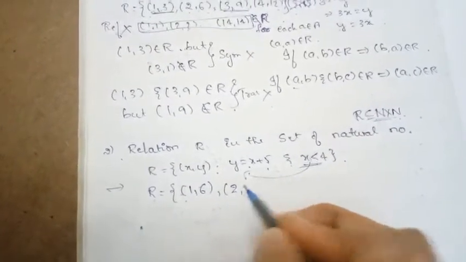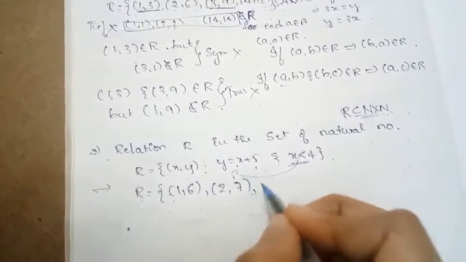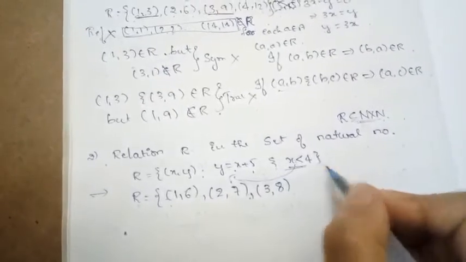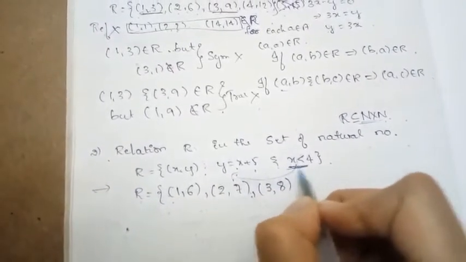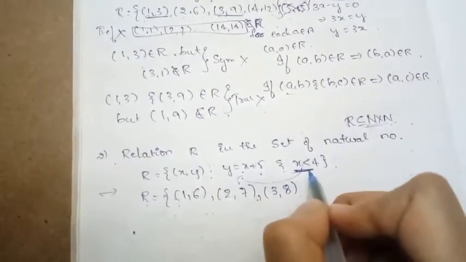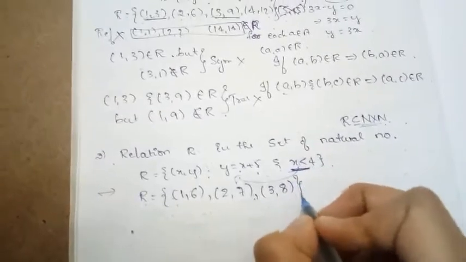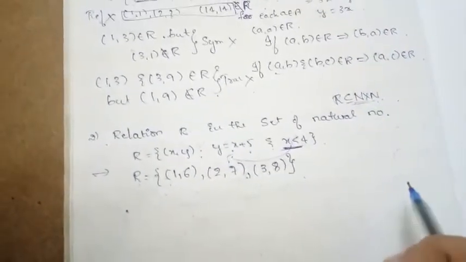If I take x is equal to 2, 2 plus 5 is 7. If I take x is equal to 3, 3 plus 5 is 8. Can I take x is equal to 4? No, because for this relation they have restricted our x to less than 4, so even 4 is not included. So our relation is only (1, 6), (2, 7) and (3, 8).